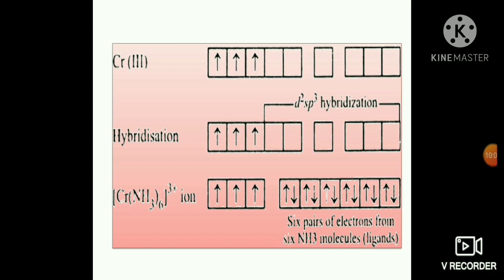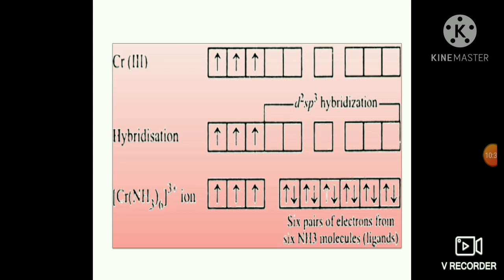So we get 6 d2sp3 hybrid bonds formed between chromium and 6 NH3 molecules. So this is about the hexaammine chromium complex.